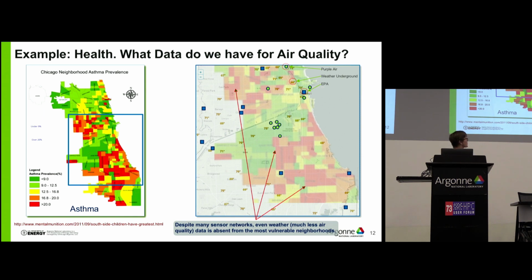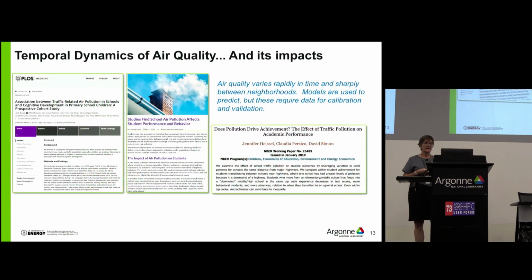So the regions where there is very high incidence of asthma, not only do we not have good sensor networks, we don't even have weather stations there. So there are these huge areas where there's no data. There's high incidence of asthma and no data. And so we're going to address that by providing much more spatially rich information about air quality in all of these neighborhoods.